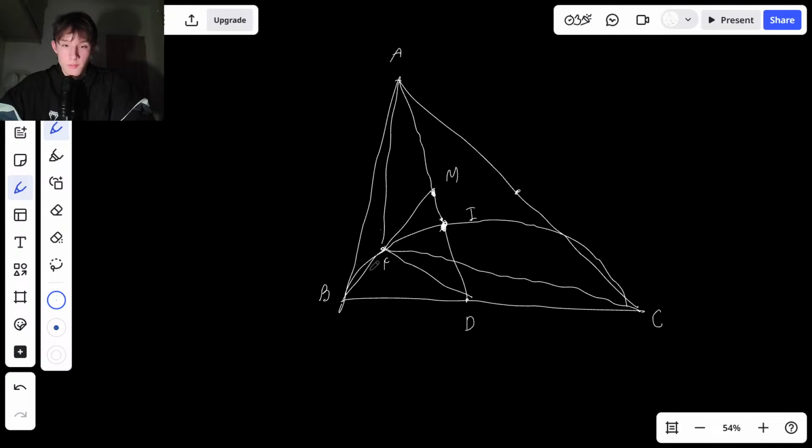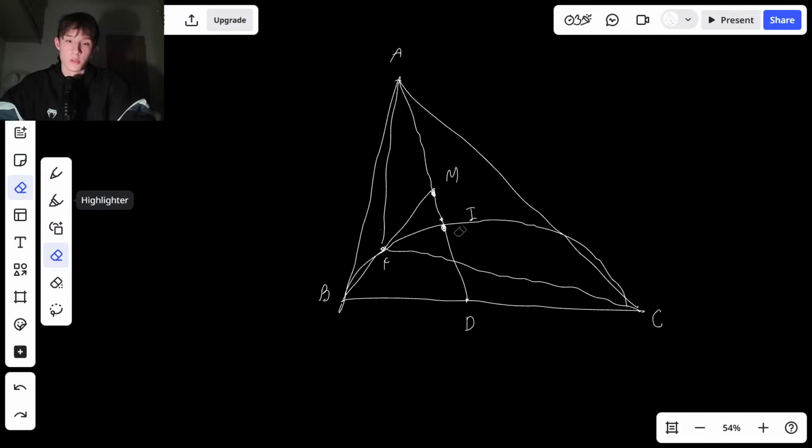So if this is alpha, this is 90 plus alpha, this is 90 minus alpha, and this should be alpha. And so if this is alpha, I know that this is alpha, so then we know that F is the Humpty point. Oh, okay, so our job is pretty understandable now.